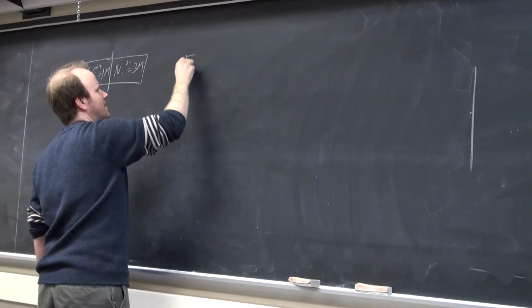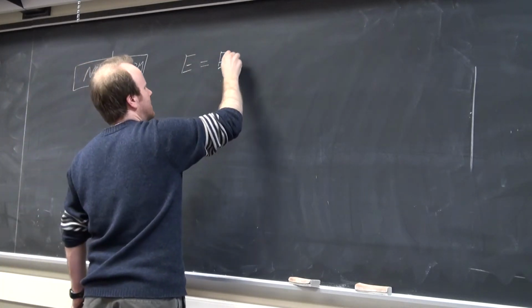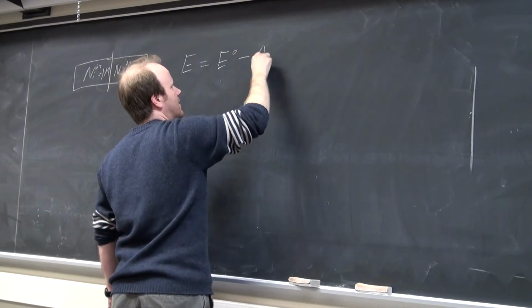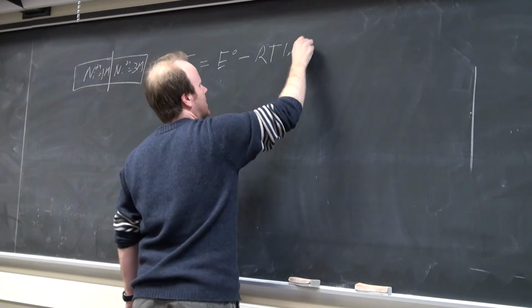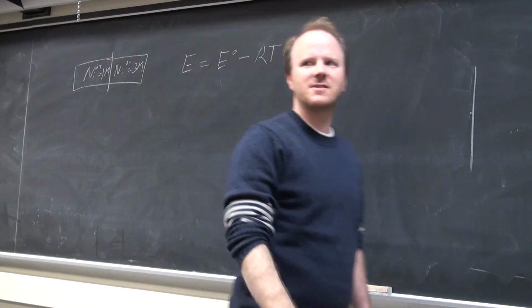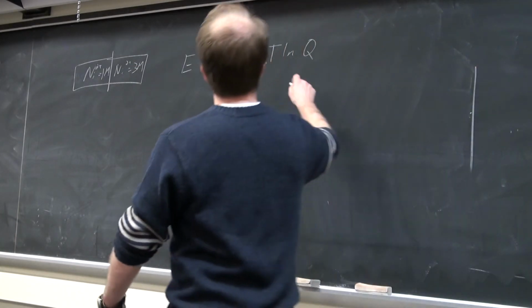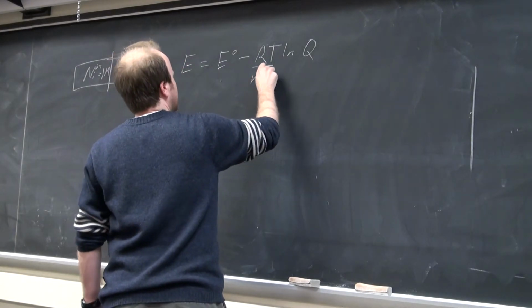Okay, so E is E0 minus RT ln Q, right? I think that's the Nernst equation. Or you can put the 2.3 RT over nF, sorry. Okay.